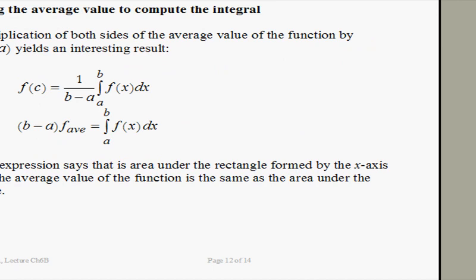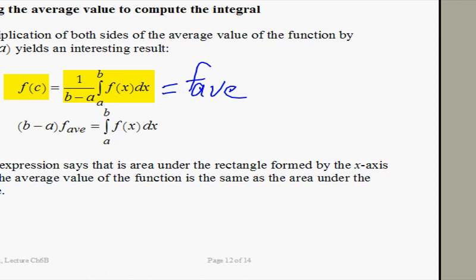The average value can be very useful. If you look at the definition of this average value, well, from the mean value theorem, there is some c that's equal to the average value.